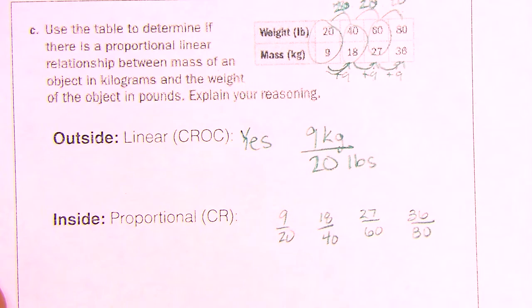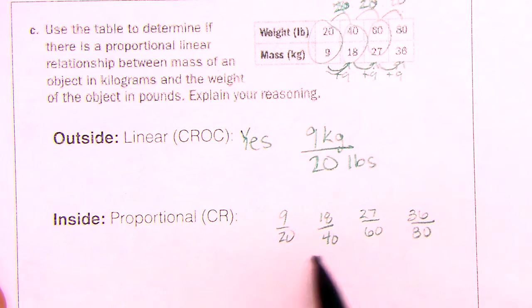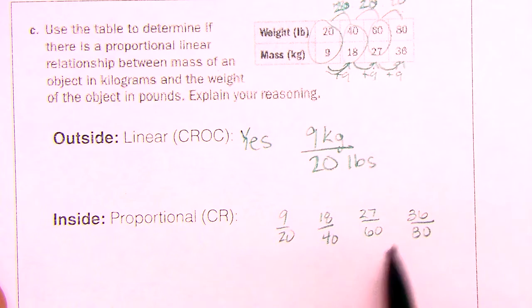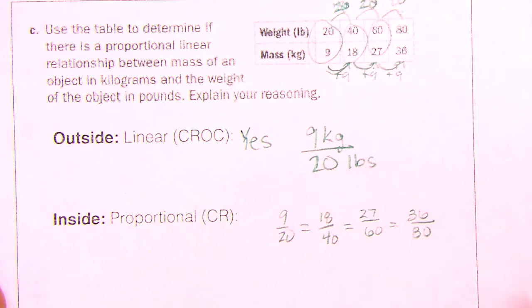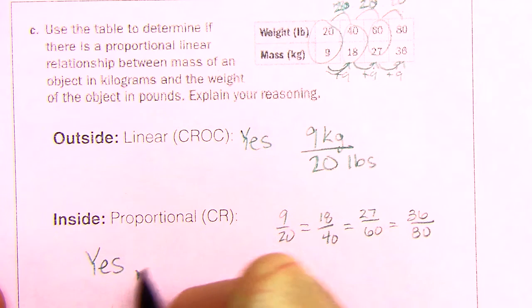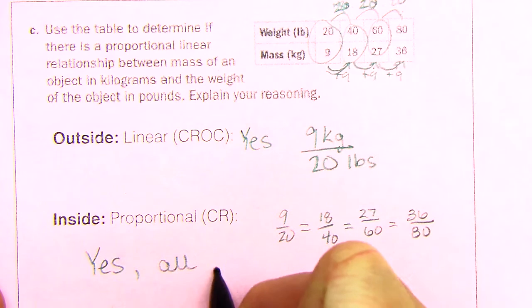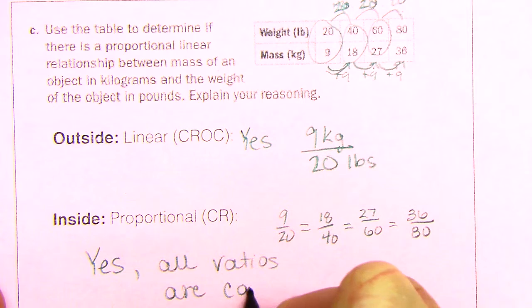If we reduce these to each one of these, and you could even punch into your calculator and see if you get the same answer for each one. And if you do that, you will see that you do. So, is it proportional? Yes. Why do I know that? All ratios are constant.